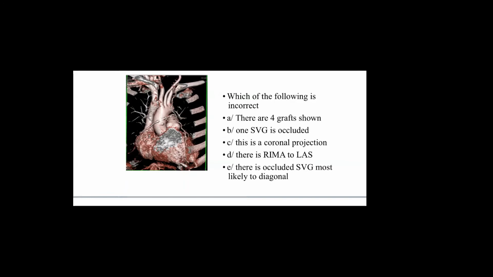Sagittal is from left to right or right to left, coronal from anterior to posterior, and axial from top down. So this one is coronal because it is from anterior to posterior. There is REMA to LAD, no, there is LEMA to LAD. And there is SVG occluded, yes. So the right answer here is REMA to LAD, which is not right, it's LEMA to LAD. Good?